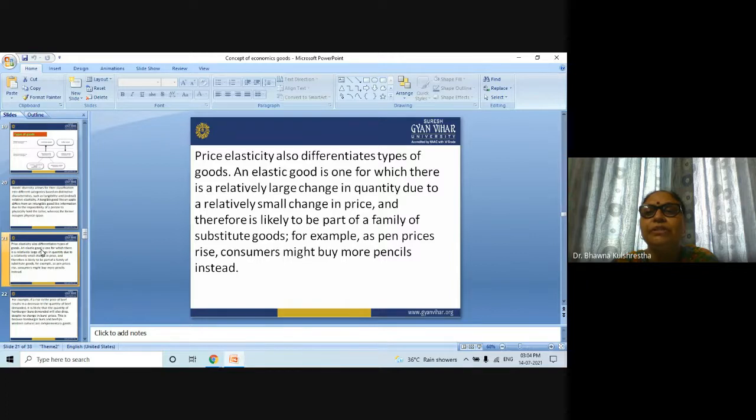Complementary goods are generally more inelastic than goods in a family of substitutes.